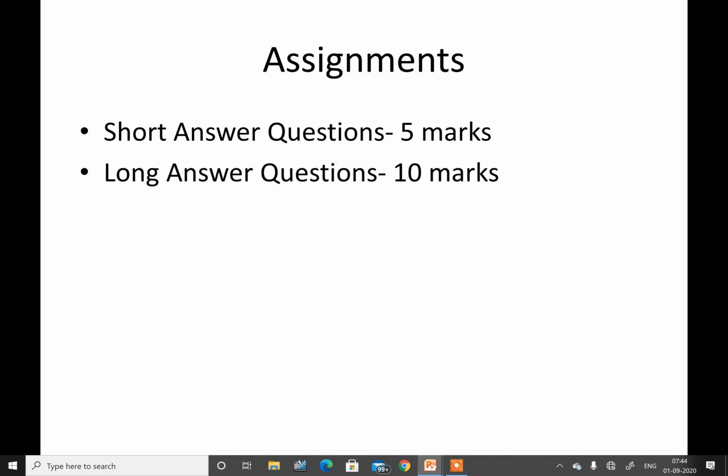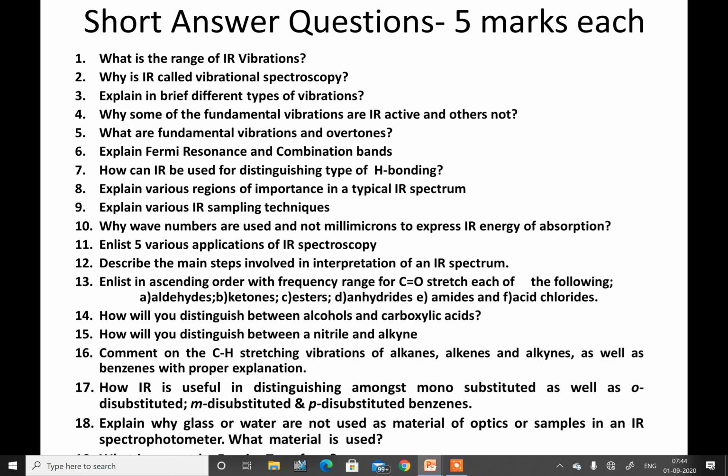And now you have to just see this, copy down these short answer questions of 5 marks. What is the range of IR vibrations? You have to describe these ranges of IR vibrations and discuss them. Why IR is called vibrational spectroscopy?